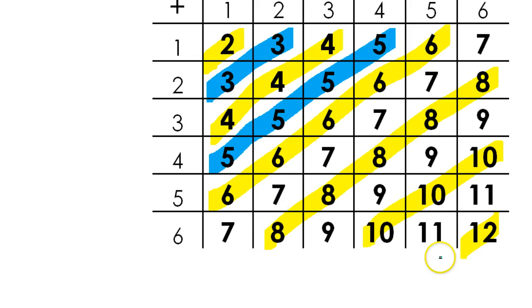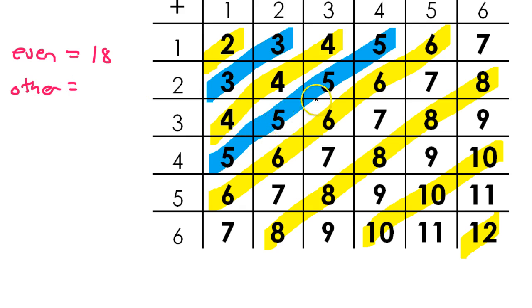Again, I'd like to avoid counting up every single highlighted number. When I highlighted the even ones, the evens are half of the sums. Half of 36 is 18. So when I did the evens, there were 18 of those. Then in addition to that, I had a few additional ones that were less than 6.